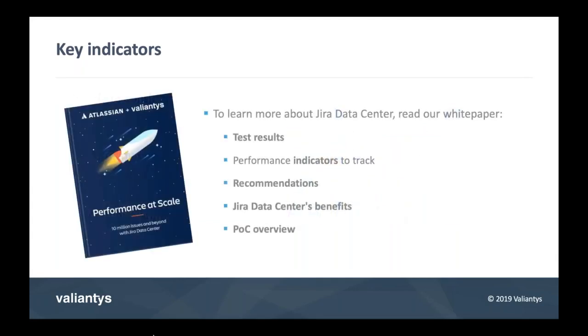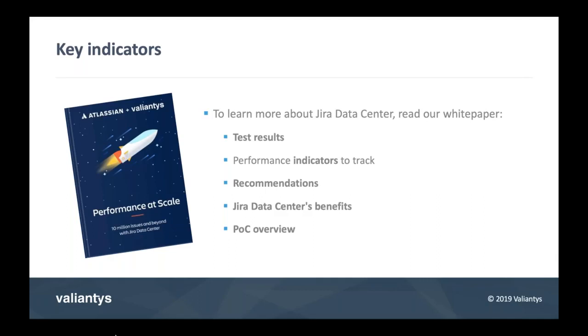Just for you to have some more details as well, we're going to go through some use cases after this one, but just for you to know, we have on our website a white paper that has some good information about performance at scale. It has test results for some POC that we have done with more than 10 million issues on Jira Data Center.